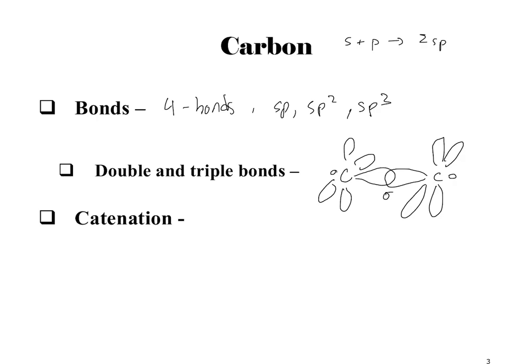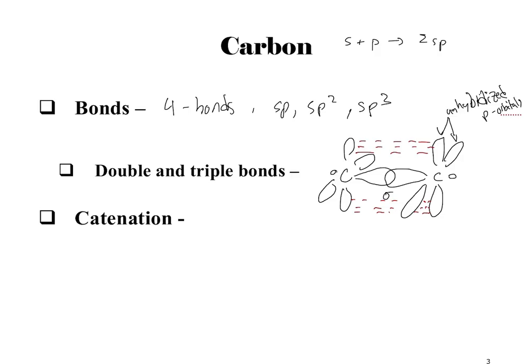So depending on the number of unhybridized p orbitals, we get overlap between the unhybridized p orbitals, right? So these are the unhybridized. I'll do a different color. These are unhybridized p orbitals.